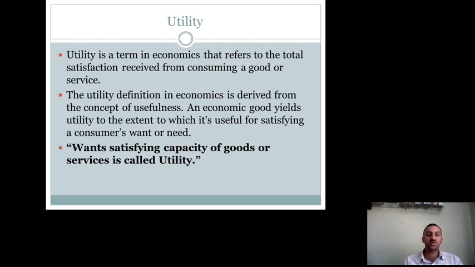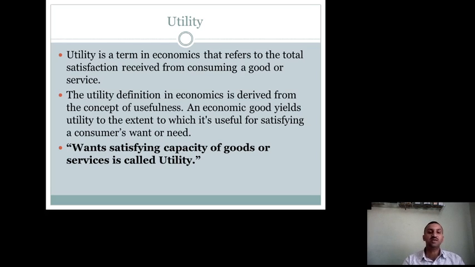We use this word in our day-to-day life, but here we have to study this with a view of economics. Therefore, while studying this word, we should consider the various meanings given by the various authors and definitions of utility. Let us begin with the concept utility.